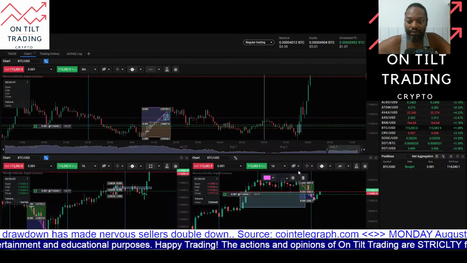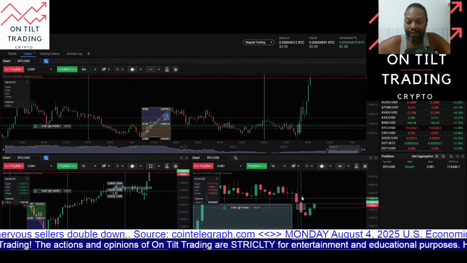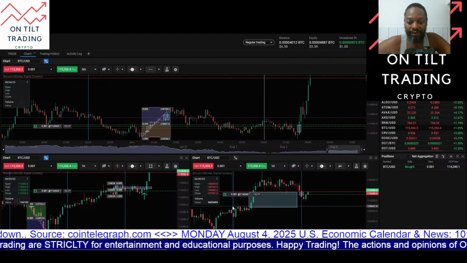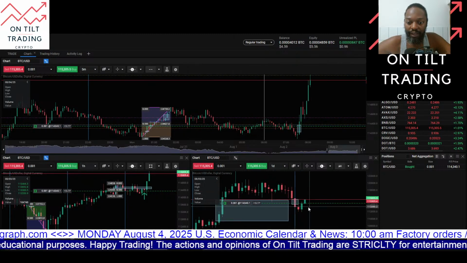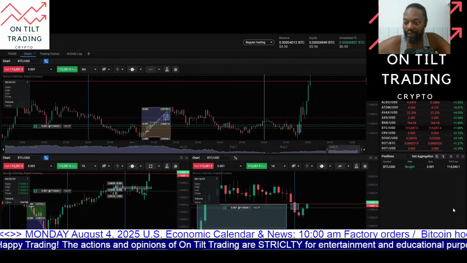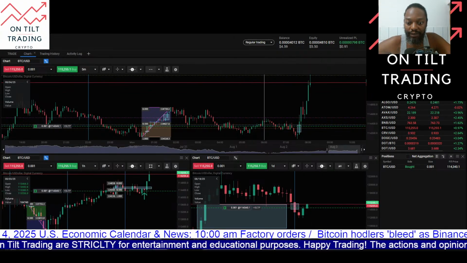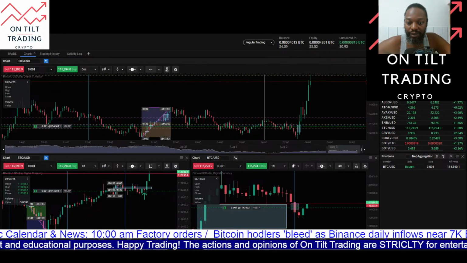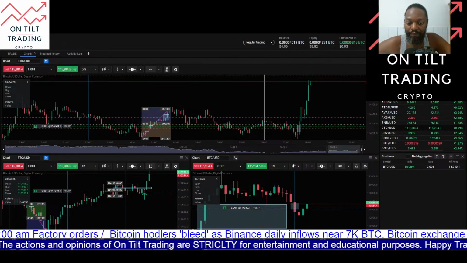Let me remove this Fibonacci retracement tool. And this blue line that you see is a monthly divider line. So this is July and this is August. But you can see with this sell side delivery, this fair value gap is put into the sell side. So I'm looking at this as a pullback to potentially close in or rebalance this fair value gap.